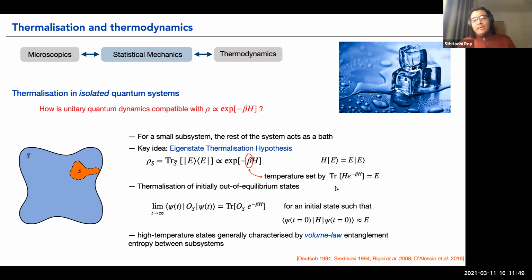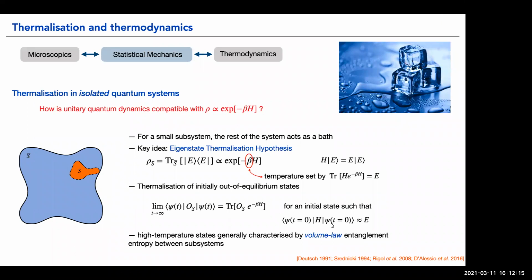Now, this immediately leads us to concluding that if I actually prepare an out of equilibrium initial state and look at some local observable, again, supported on a few sites or supported on this small subsystem S here, then at very long times, it would be again given by a Gibbs ensemble, where again, the temperature would be set by the expectation value of the energy of the initial state.